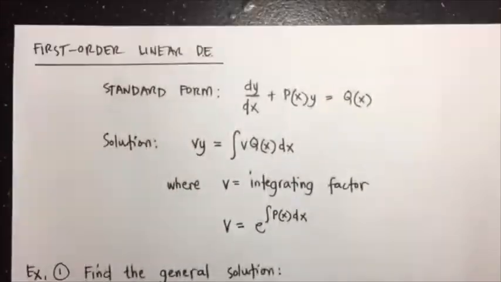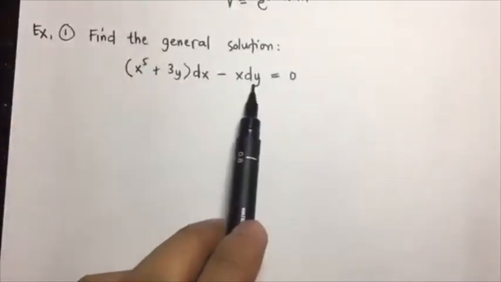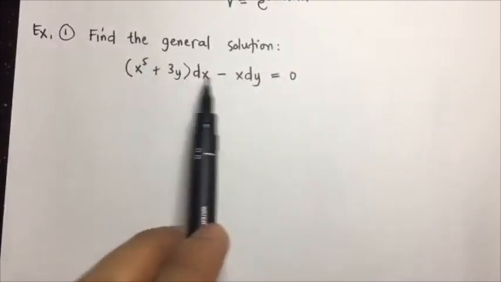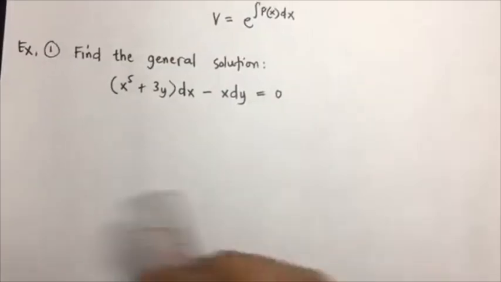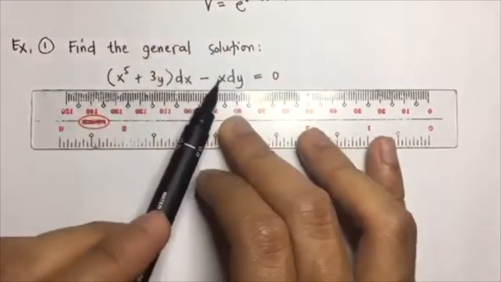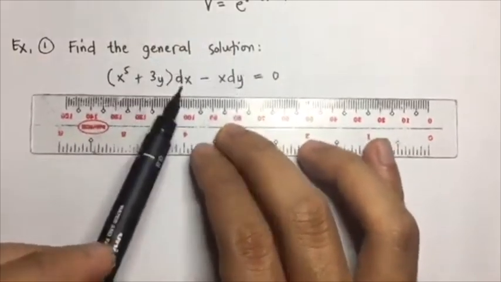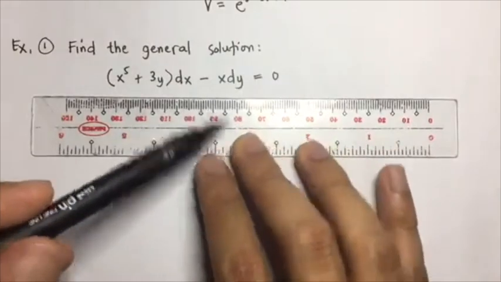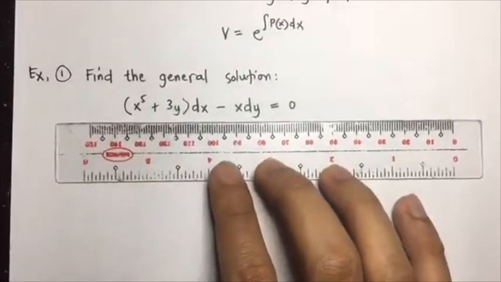Transforming into its standard form, we need to divide both sides by x dx, to have a denominator of dx and to eliminate x as the coefficient of dy over dx.